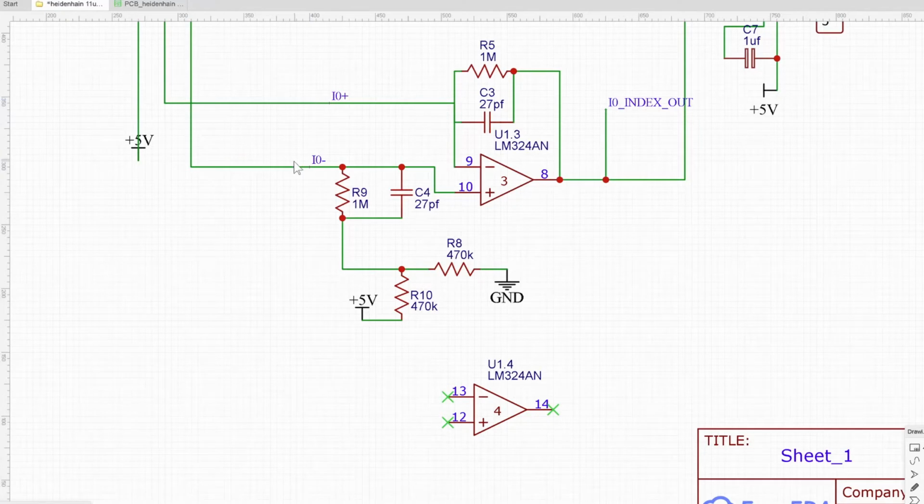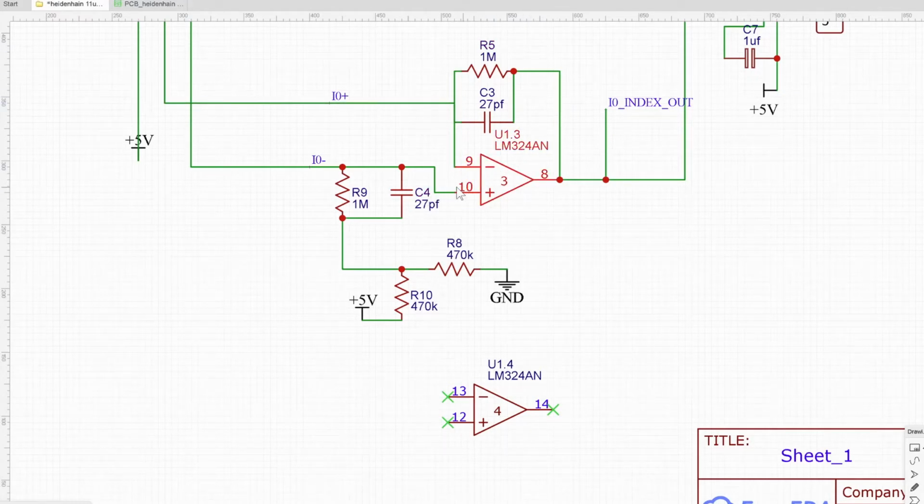So you've got a current signal coming in, and on the inverting side of the op amp that's marked with this minus, you have a resistor and capacitor pair. The op amp will go into an oscillating mode without this capacitor. The resistor here is setting the gain for the op amp. So this is amplifying the signal.